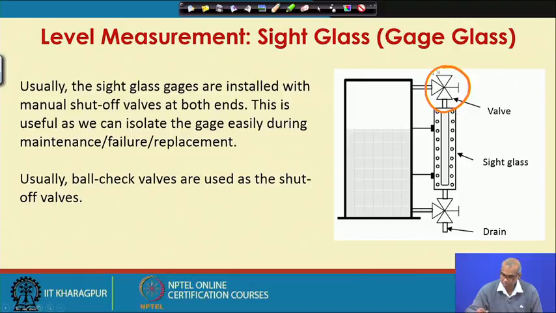So, you have a shut-off valve, you have another shut-off valve. This is useful as you can isolate the gauge easily during maintenance or failure or when replacement is necessary. Usually, ball check valves are used as the shut-off valves.